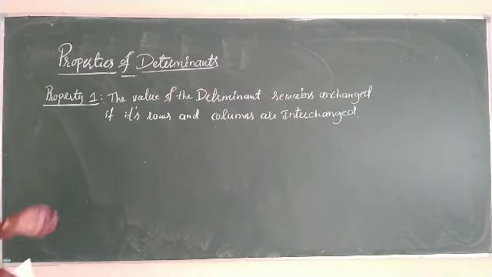Suppose we take this matrix. First find the determinant value. 1 into its row and column cancelled, 6 minus of minus 1. After that minus 2 into, its row and column cancelled, 4 minus 0. Next plus 1 into, if you take this row and column cancelled, 2 minus 0.